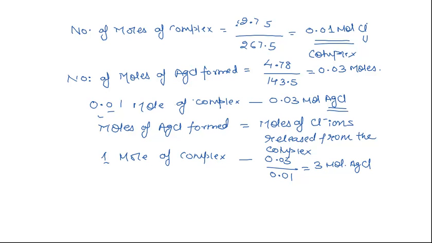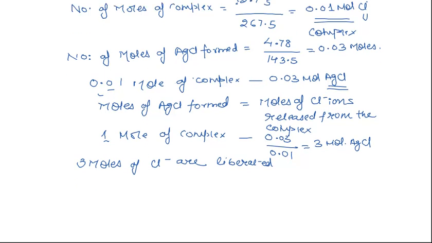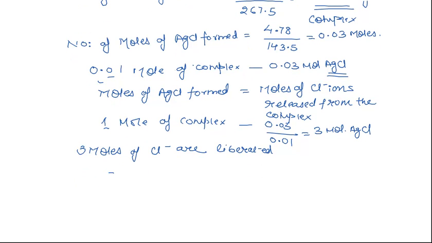It means 3 moles of Cl minus are liberated, right, as ions. It means that the complex is Co(NH3)6 and there is Cl3, right? That is, this is present as ionic, 3 moles of chloride are liberated.